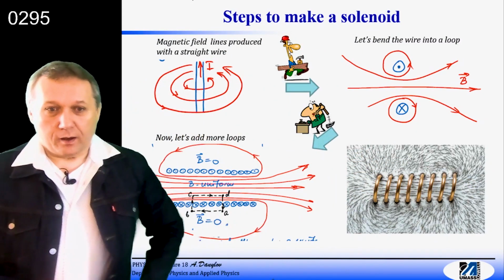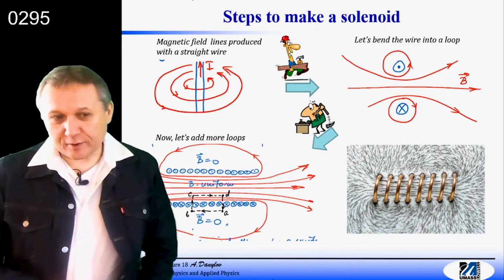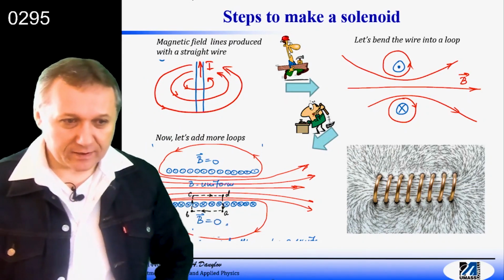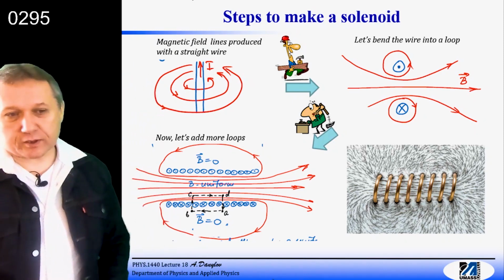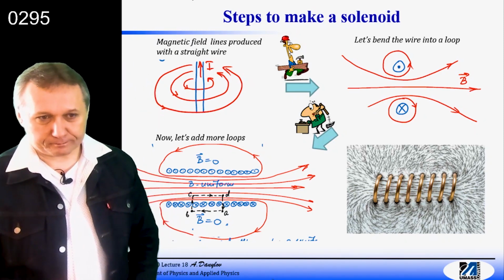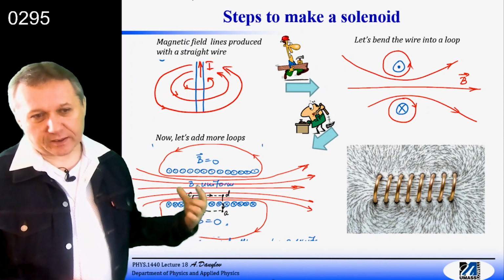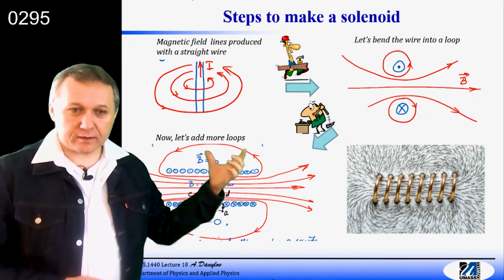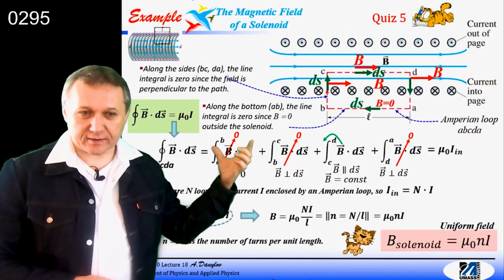Okay, so now, of course, the next logical question: we have a magnetic field inside, and it's uniform. What's the formula to calculate the magnetic field inside of a solenoid? And here is a very busy slide.